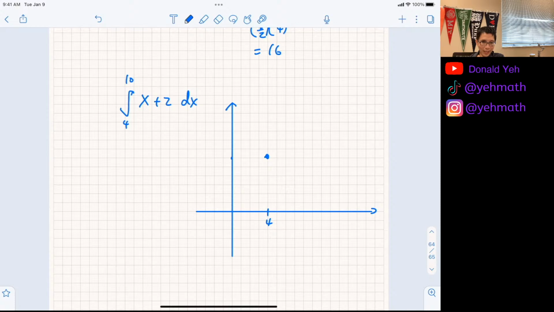What happens when you plug in 10? It's going to be 12 units, right? So this is 6, this is 12.